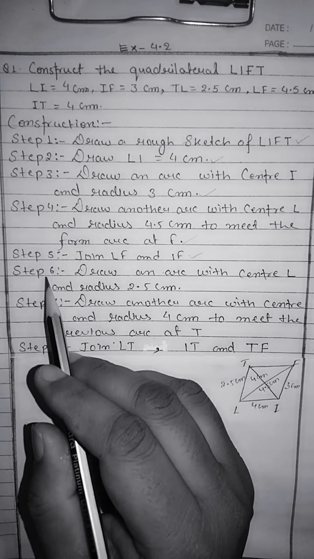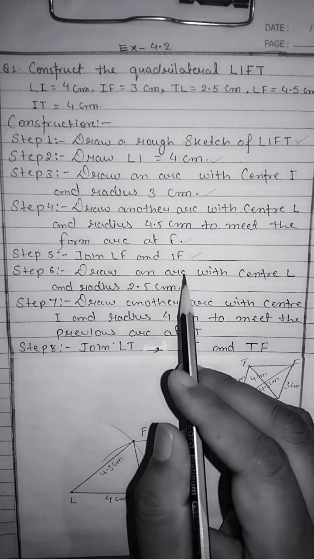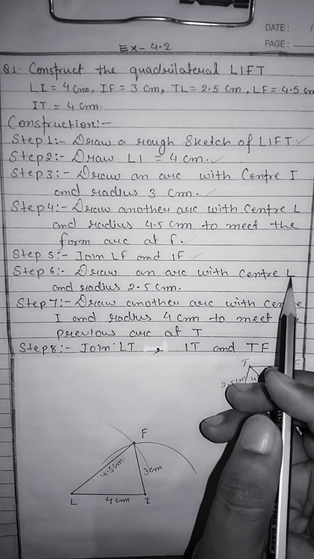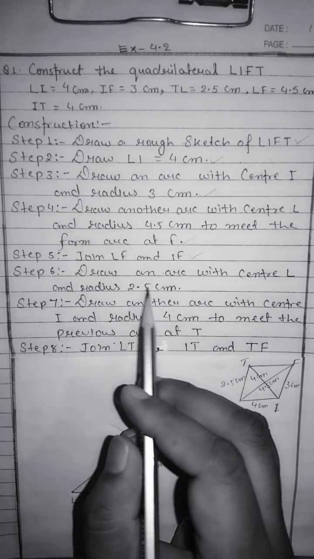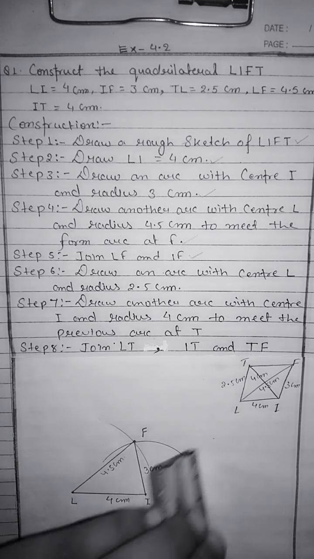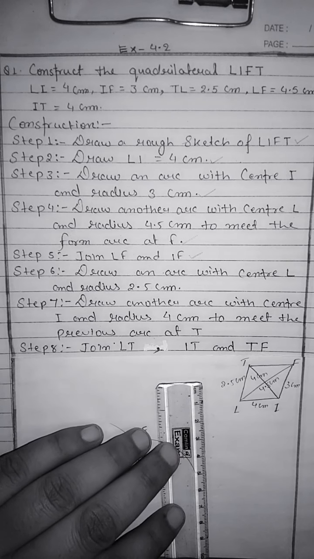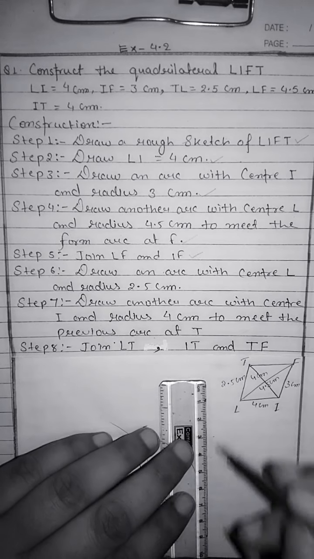Now read step number 6. Draw an arc with center L and radius 2.5 centimeter. So take 2.5 centimeter from the ruler.